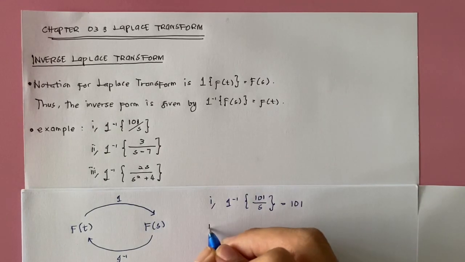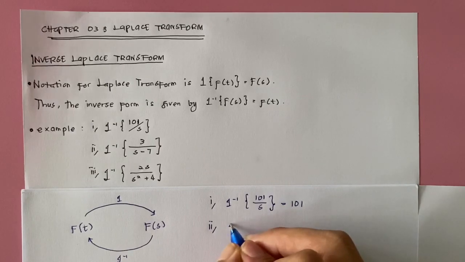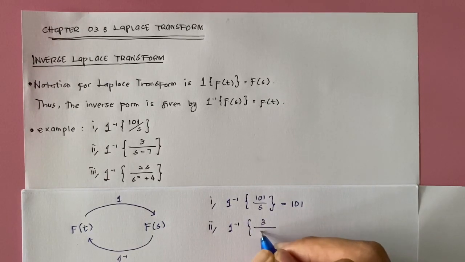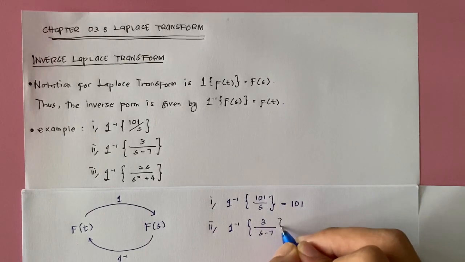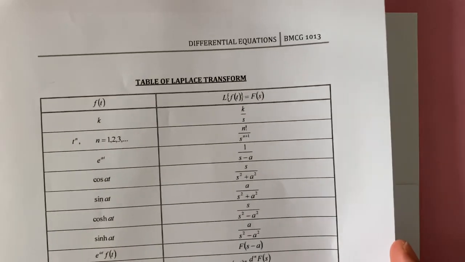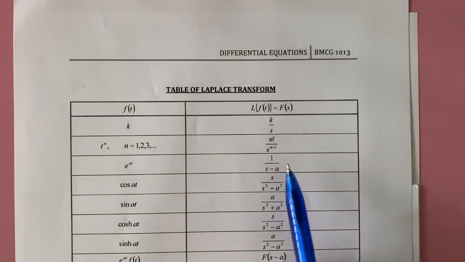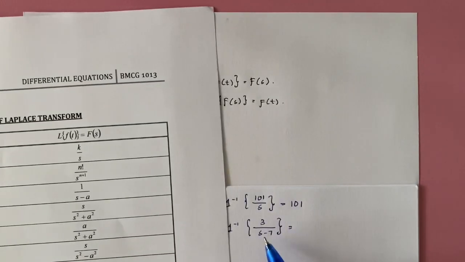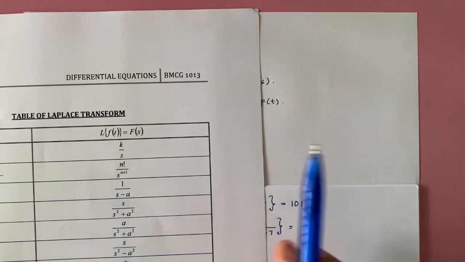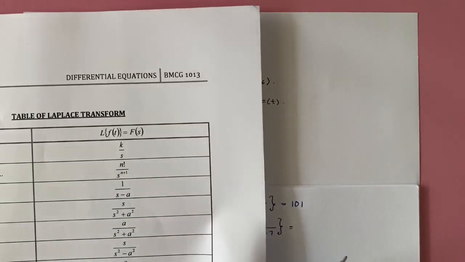For the second example, what is the inverse Laplace for 3 over s minus 7? Refer to the table. Since we have s minus 7, we have here 1 over s minus a, so our a is 7.